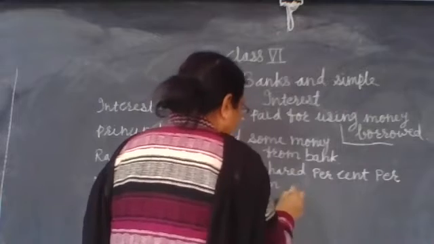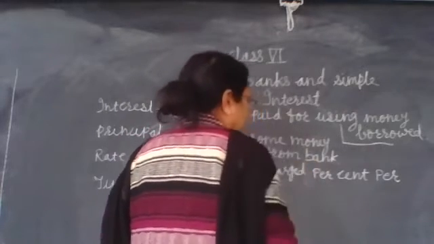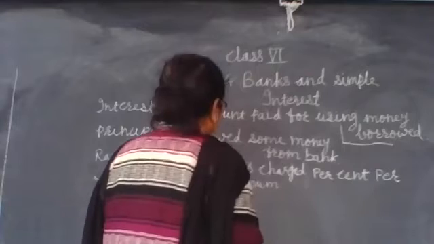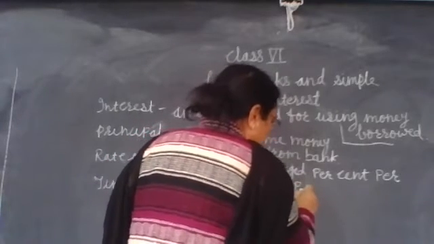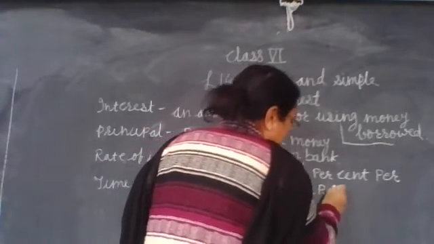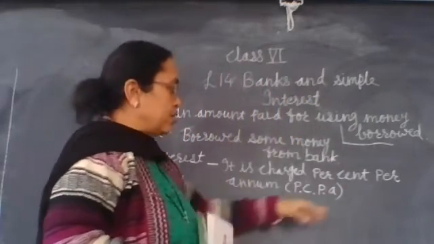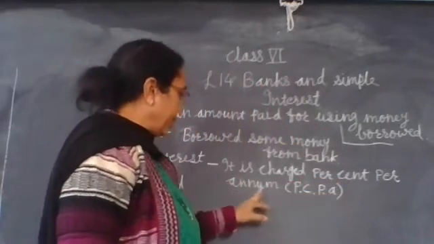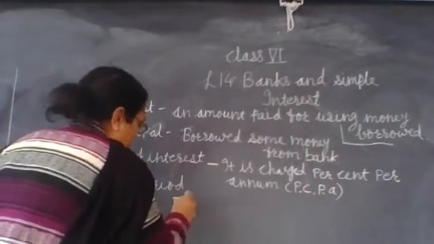So yearly you have to give that extra money for the borrowed money. So in short, it is written as PCPA, percent per annum, that is per 100 rupees and per year.